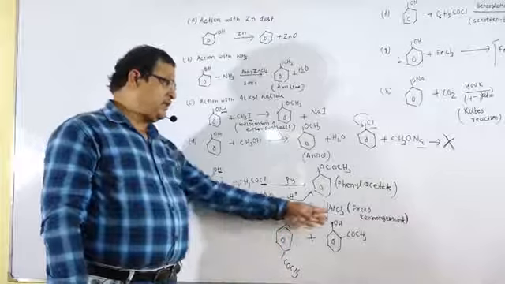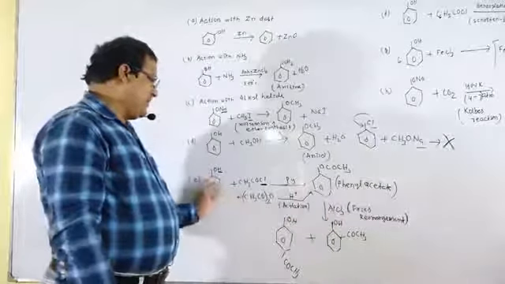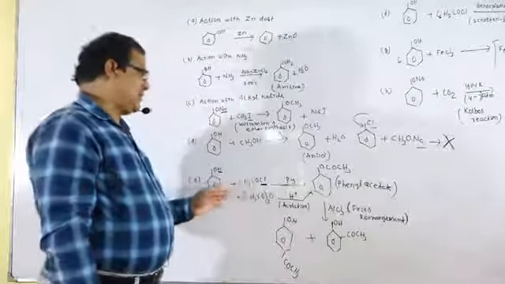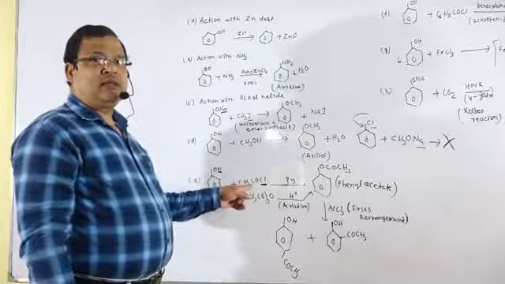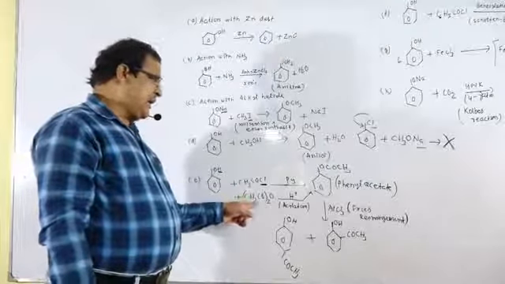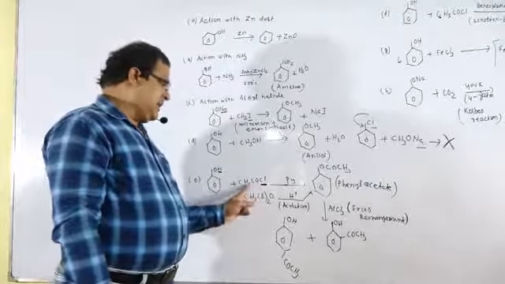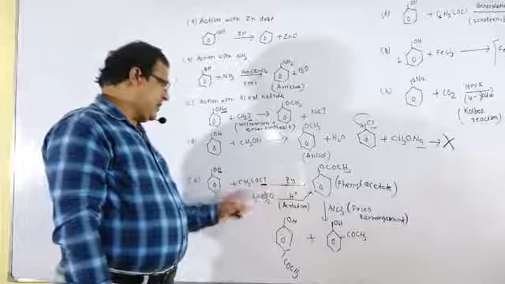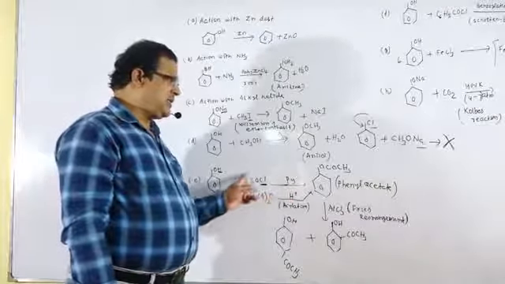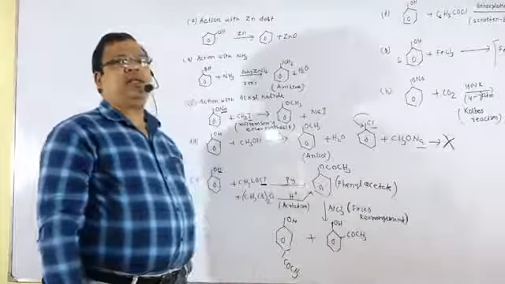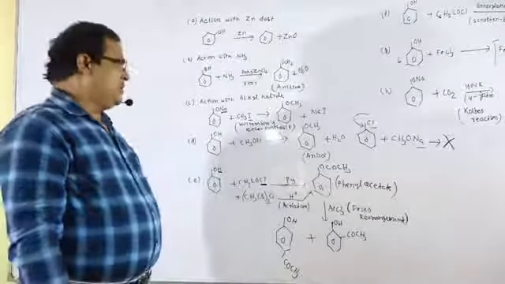This reaction is known as Fries rearrangement. But the earlier reaction is known as acylation reaction. Phenol treated with acetyl chloride in presence of pyridine or acetic anhydride in presence of mineral acid is known as acylation, and there is the formation of phenyl acetate.